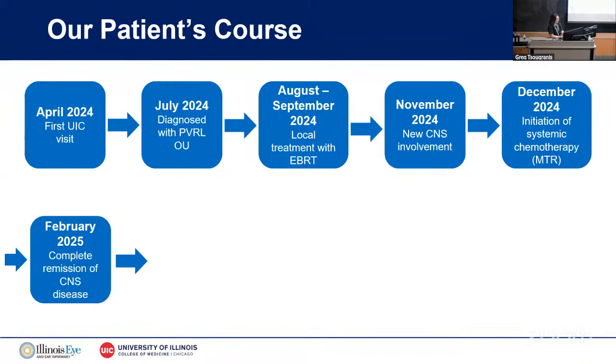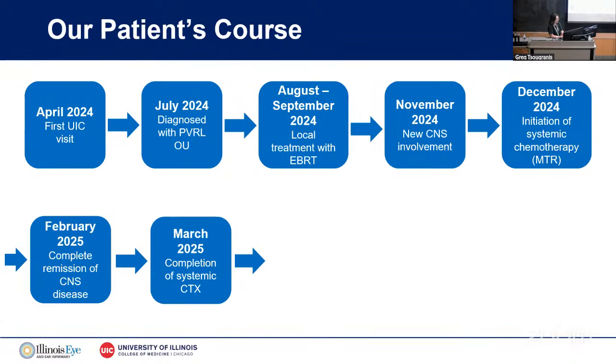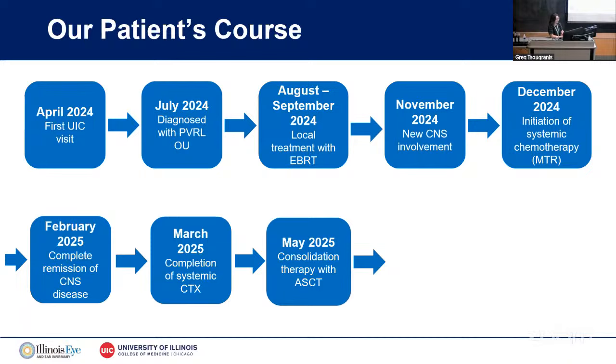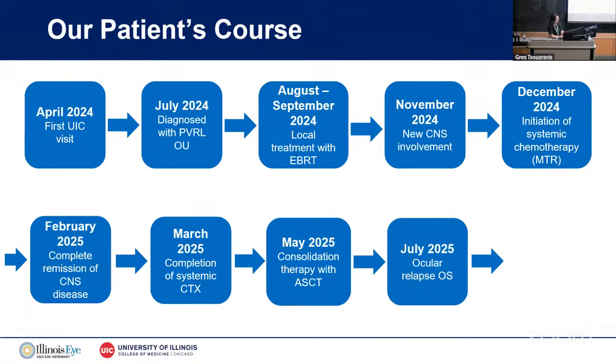So the decision was made to start her on systemic chemotherapy in conjunction with our oncologists in December. She went into complete remission from a CNS disease standpoint in February, finished chemo in March, and then underwent consolidation therapy in May with high-dose chemotherapy and autologous stem cell transplant.